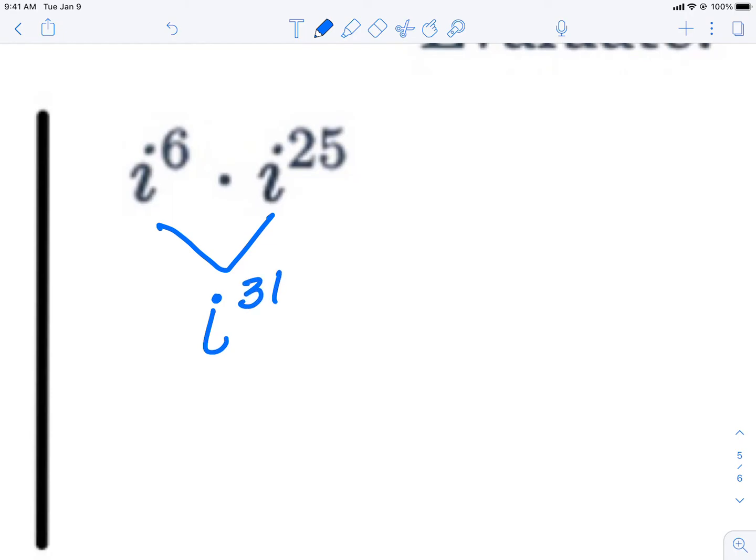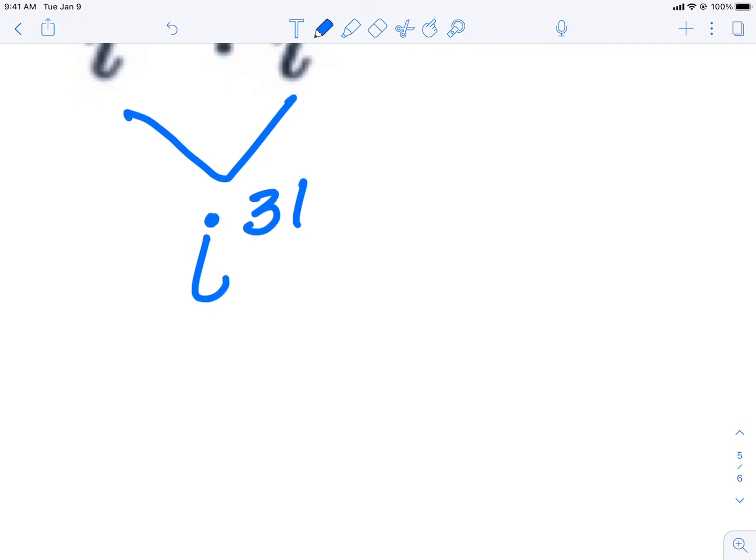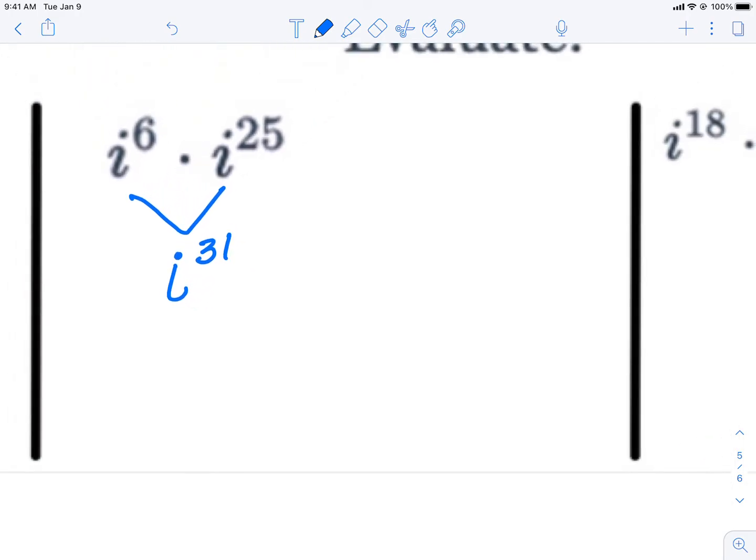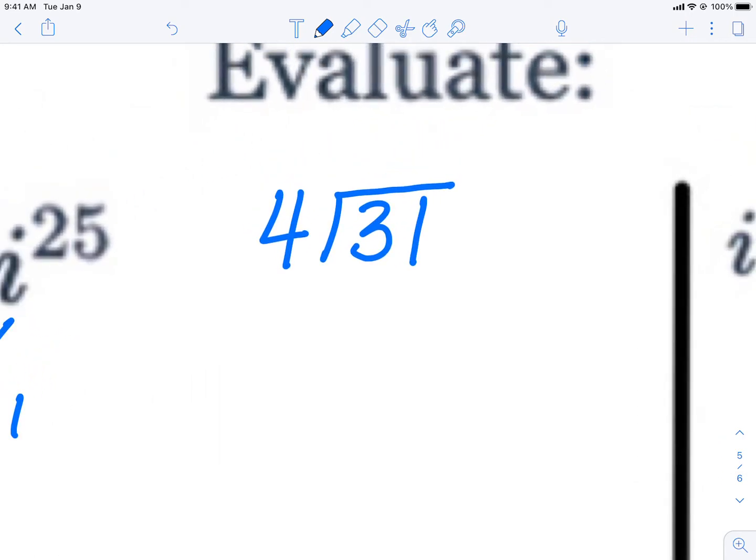Now, is that 31 bigger than 4? Of course it is, right? So we're going to do some old school division, and we're going to divide 31 by 4. So, can 4 go into 3? It can't. Can 4 go into 31 without going over? It can.